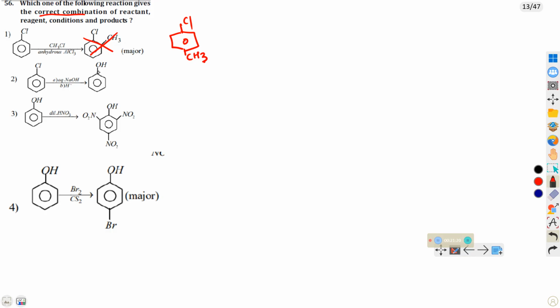Chlorobenzene reacts with aqueous NaOH, then it gives phenol. No. Chlorobenzene, haloarenes are not favorable towards nucleophilic substitution.